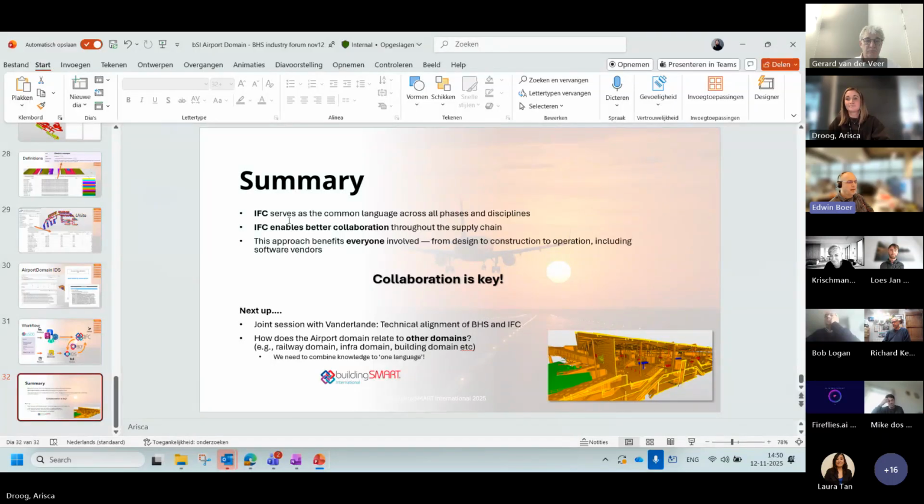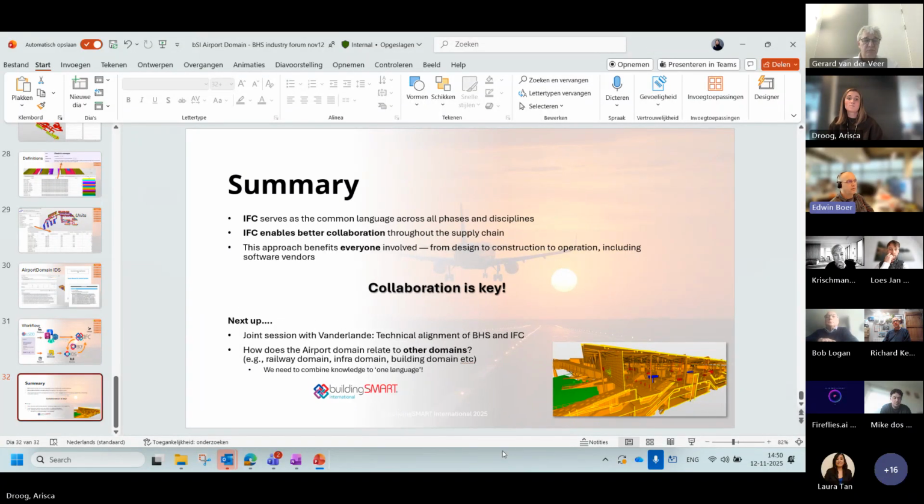Yes, one perhaps. The information you just showed, Mike, that was based on the current set out in the bSDD. Yes. Okay. So was I looking at the actual implementation or at an example? Actual implementation. Okay.